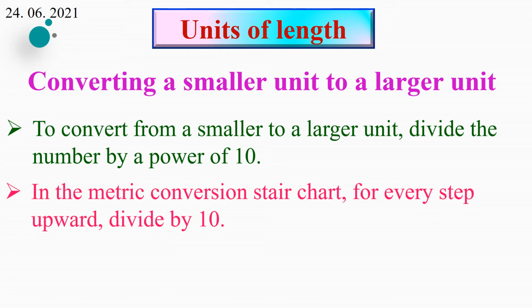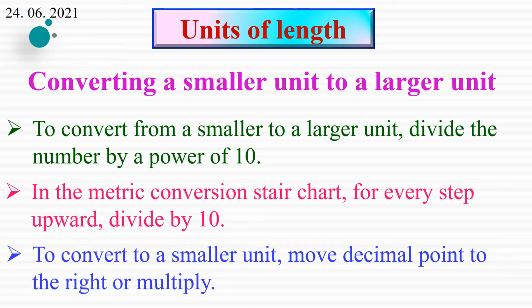First one, to convert from a smaller to a larger unit, divide the number by a power of 10. Second one, in the metric conversion chart, for every step upward divide by 10. Third one, to convert to a smaller unit, move the decimal point to the right or multiply.